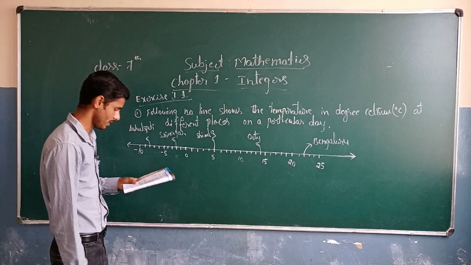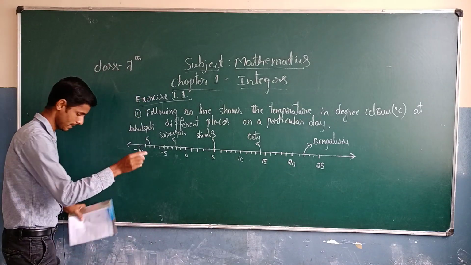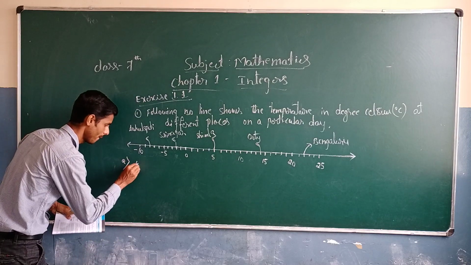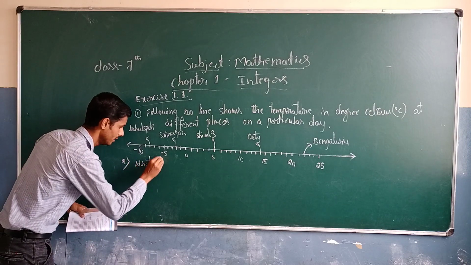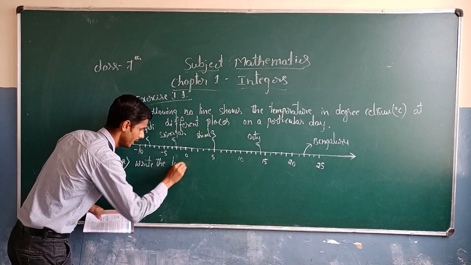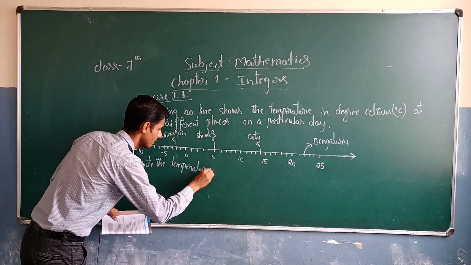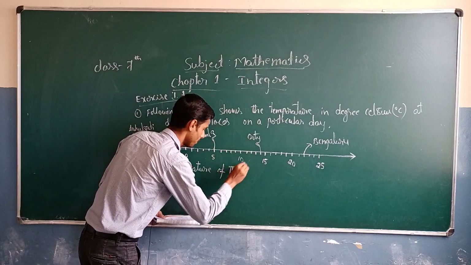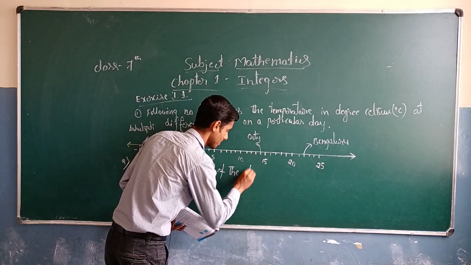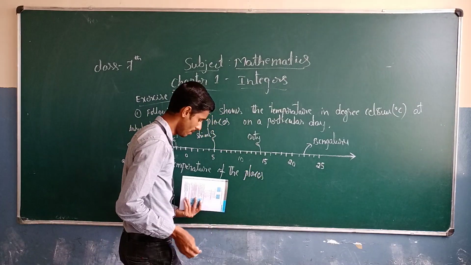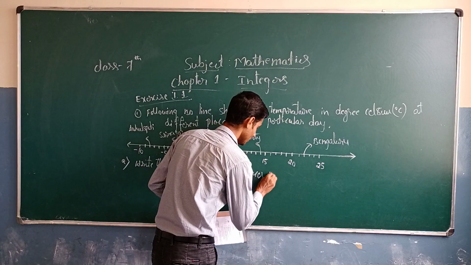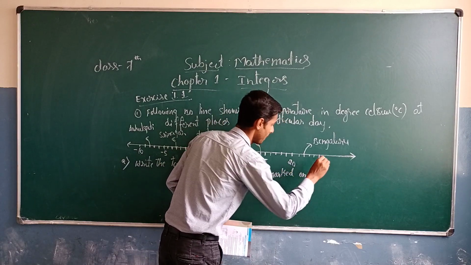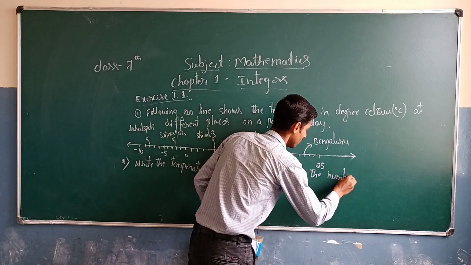So our first question is, write the temperature of the places marked on the number line.